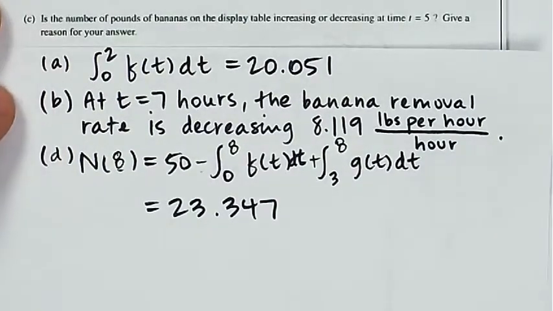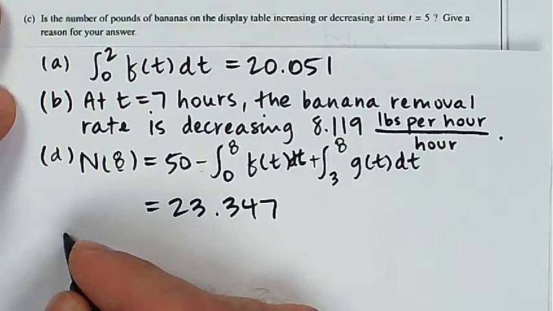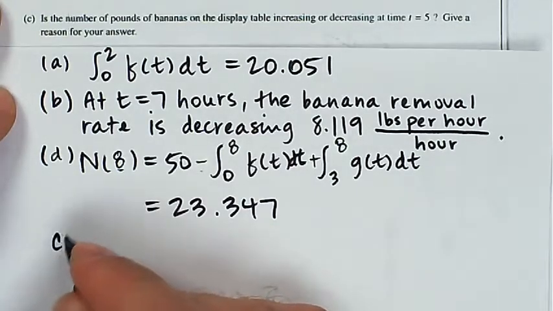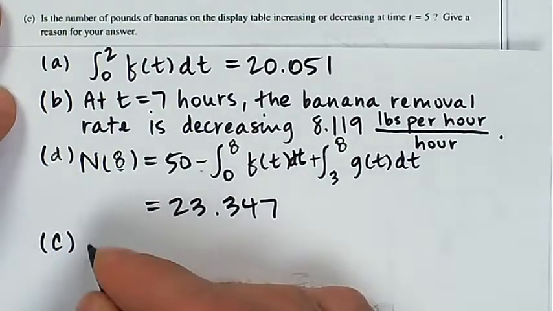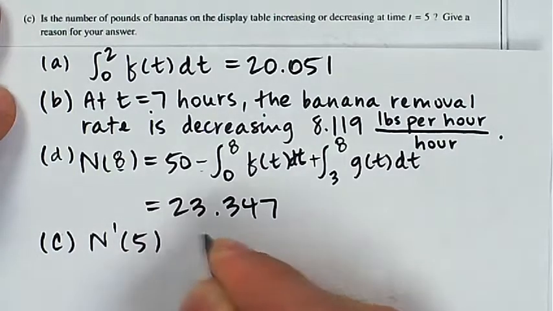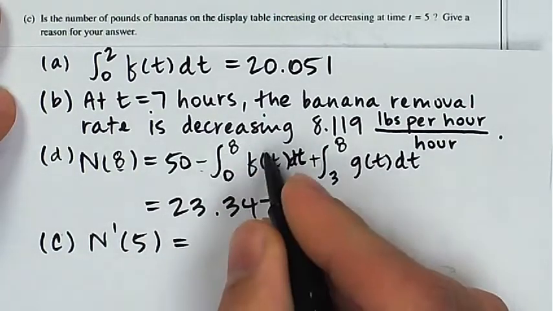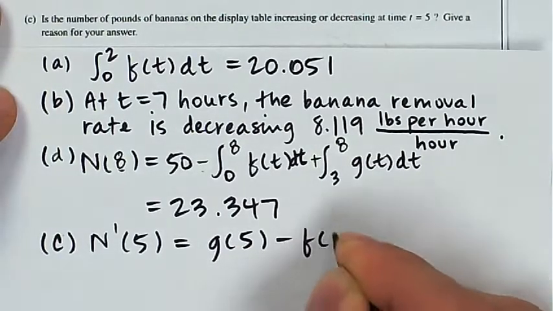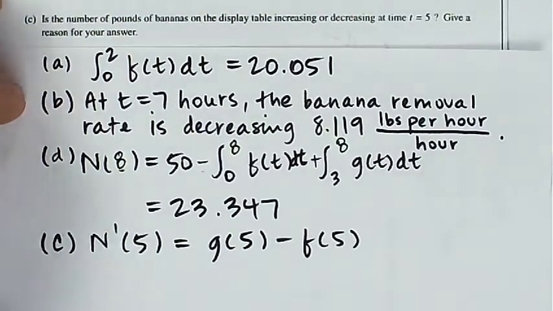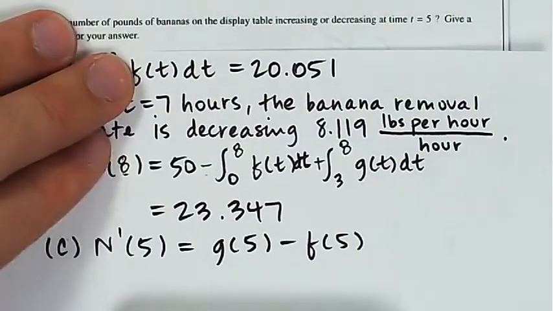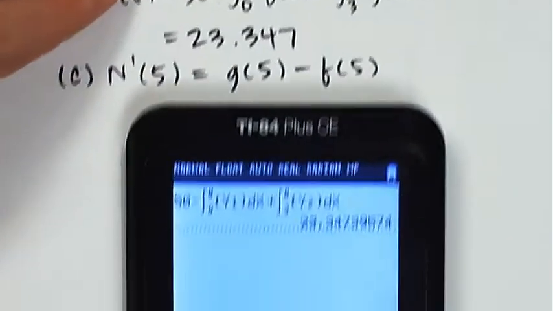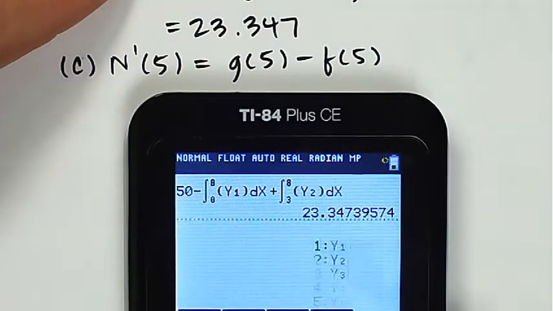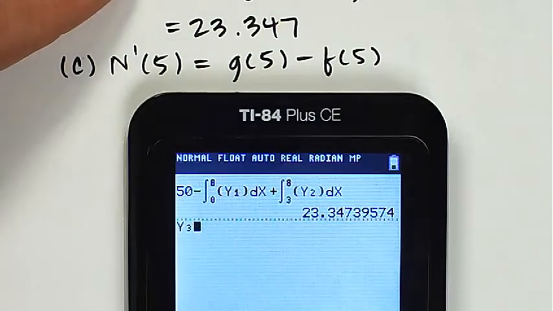All right, for part C, at time t equals 5, the rate of change, P prime of 5, is going to be g of 5 minus f of 5. That's rate in minus rate out. So y2 minus y1, which I've already stored in y3. So I'll just call y3 and plug in 5, rate in minus rate out.